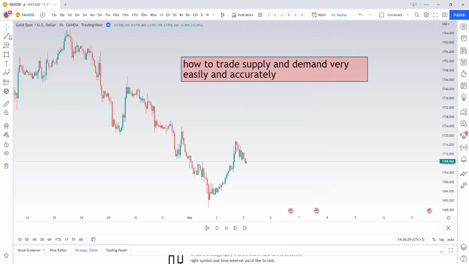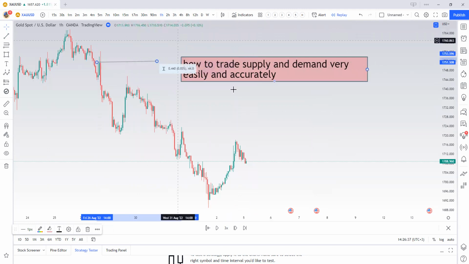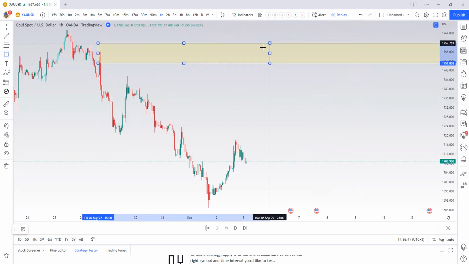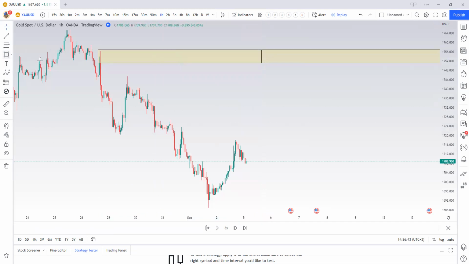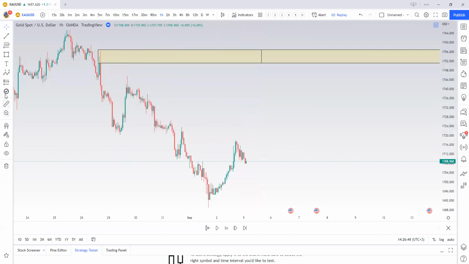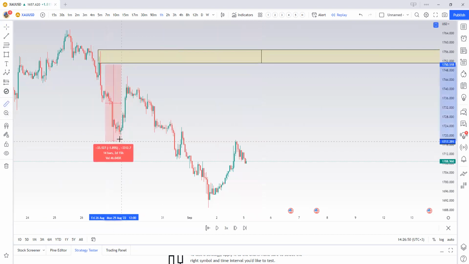For me to call this level right here supply and demand, this level is a basic strong zone. Why is this level a strong zone? Because you can see that this movement has made over 300 pips, okay?